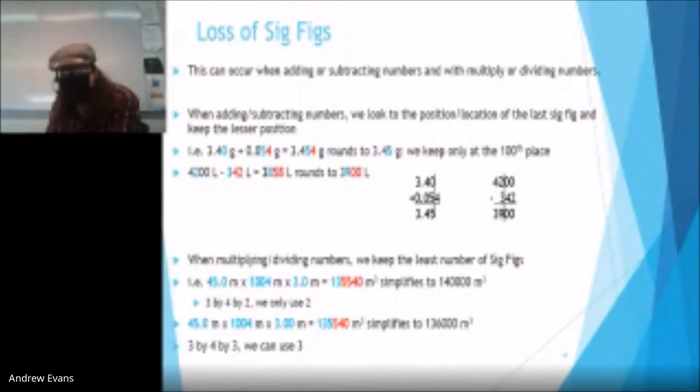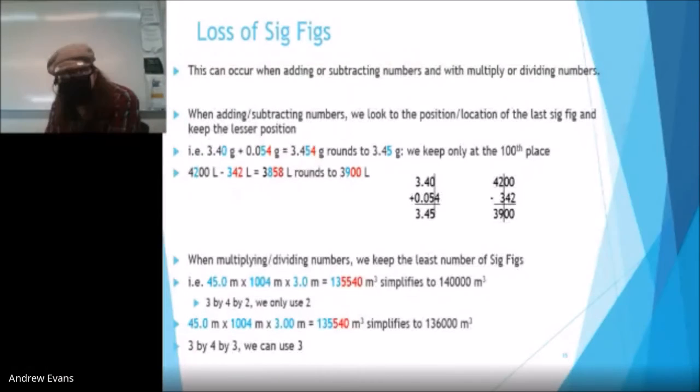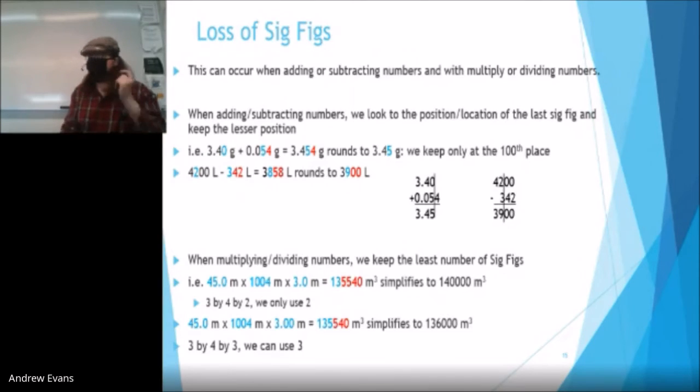If you line these up where the decimals are over top of each other, you can draw a magical line behind the last significant figure on one of the numbers. Everything to the left of that line gets kept. Everything to the right of that line gets lost. And whether it's addition or subtraction, it's the same.